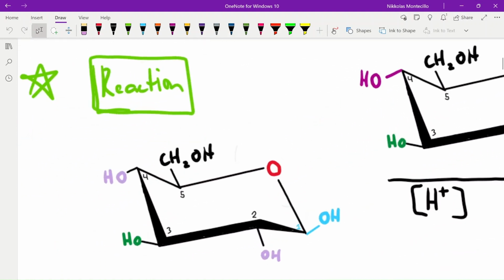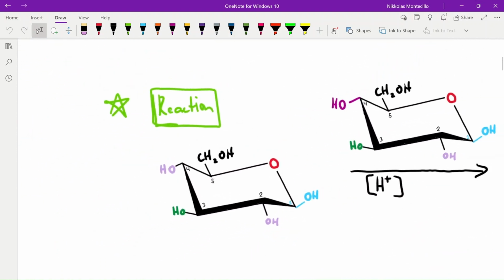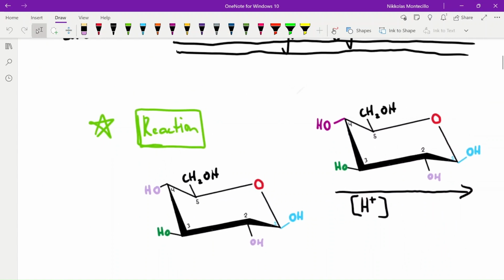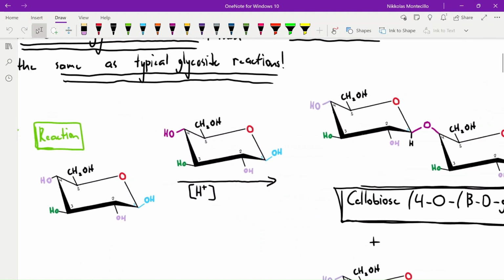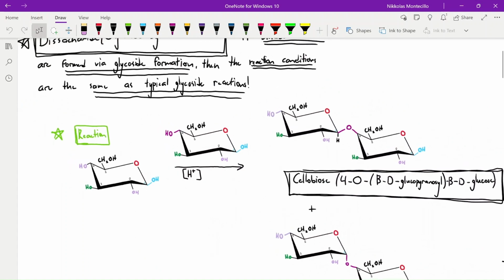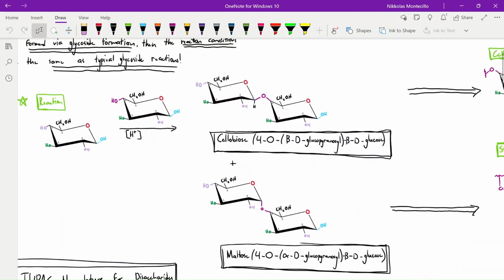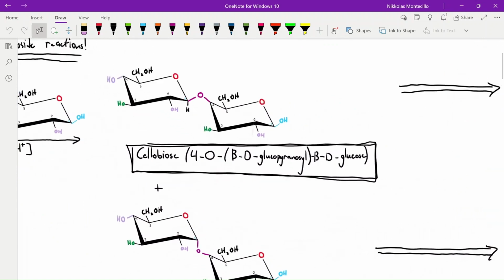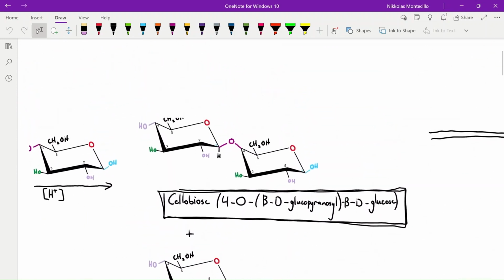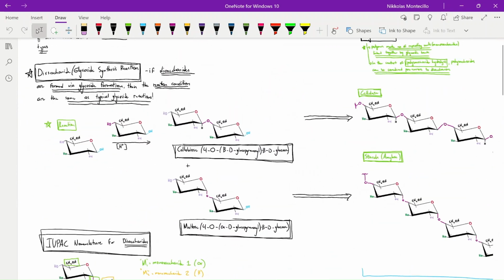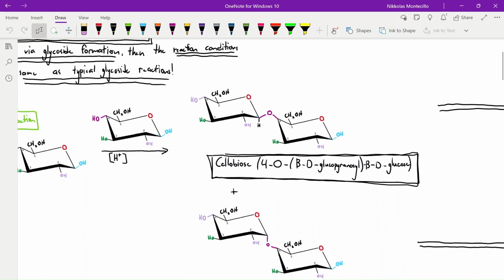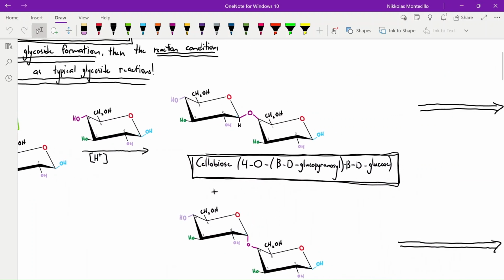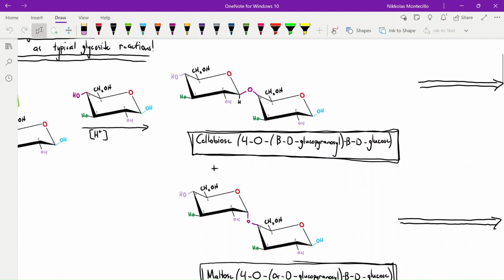So we can see here that in the presence of two sugars and an acid, under acidic conditions, the reactions go to form two stereoisomer products. In the case of two glucose molecules reacting, we see the formation of cellobiose and maltose.